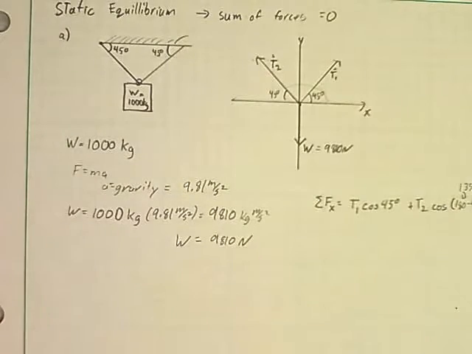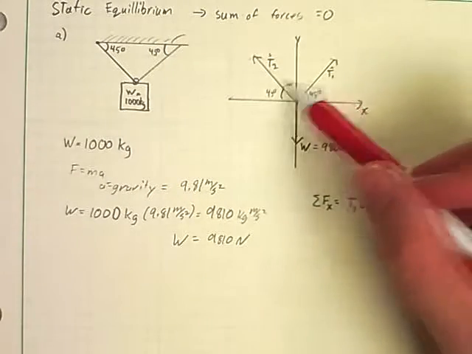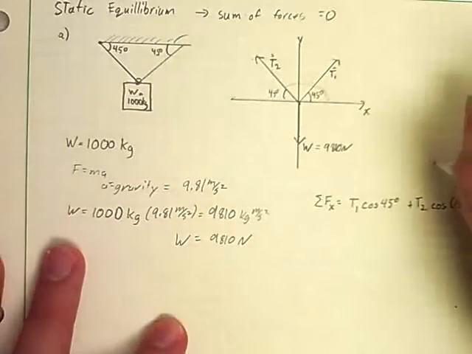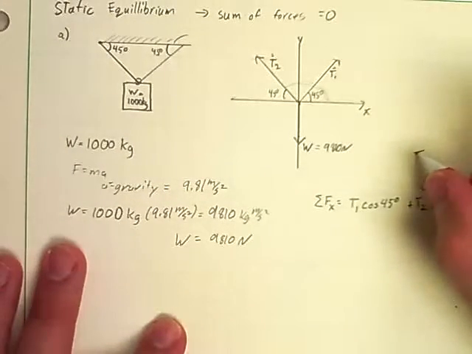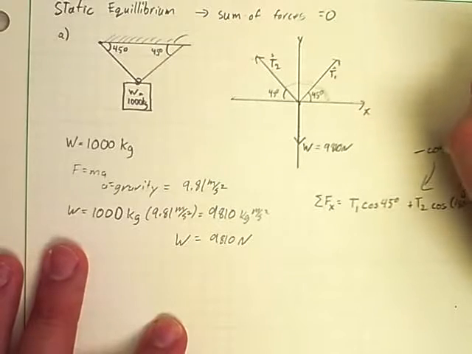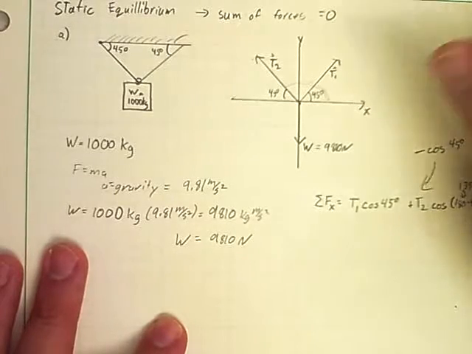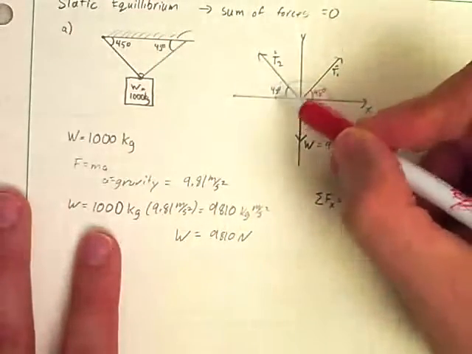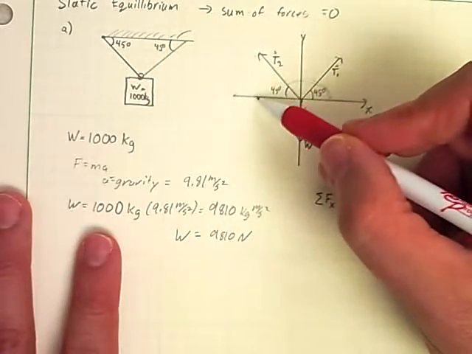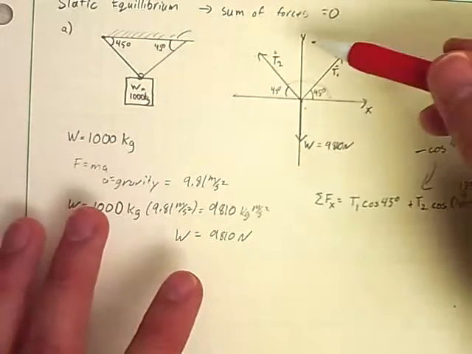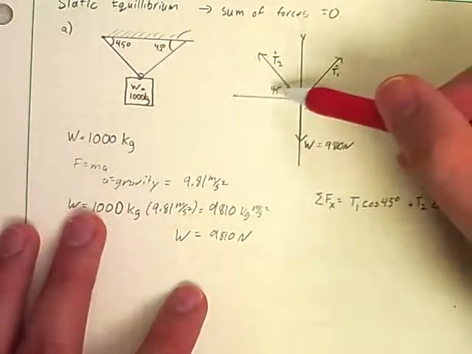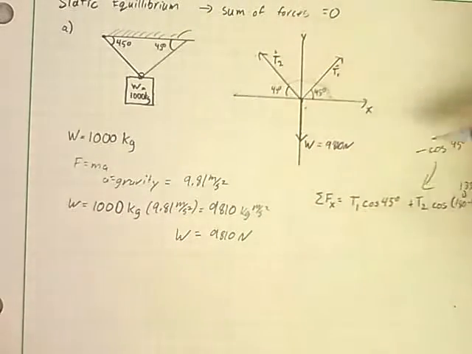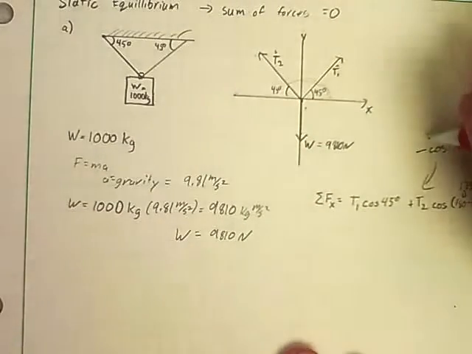That's generally what we want to use, since we always want to measure angles from this axis. Another way to solve this would be to say minus the cosine of 45 degrees, because if we look at it just from this triangle and use this angle, we just have x going in the wrong direction, so we'd have to subtract it instead of adding it.